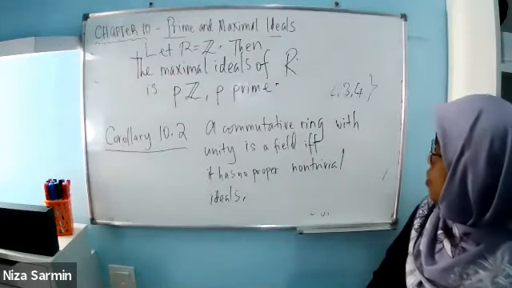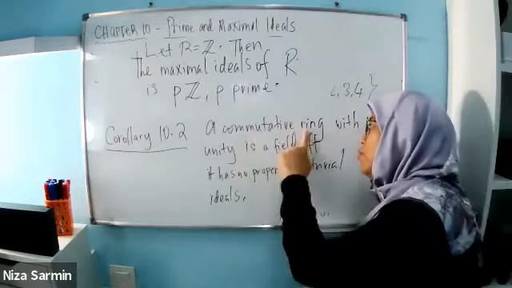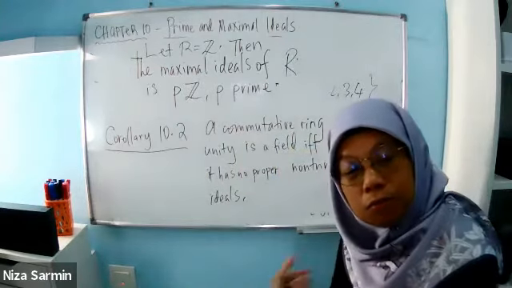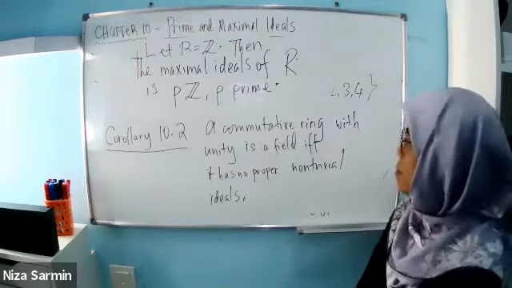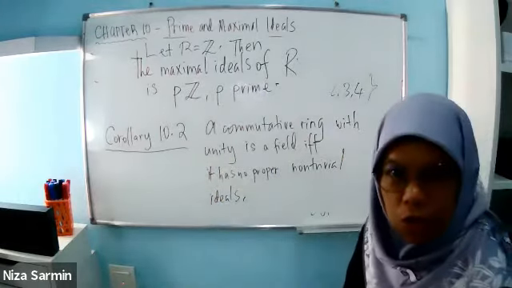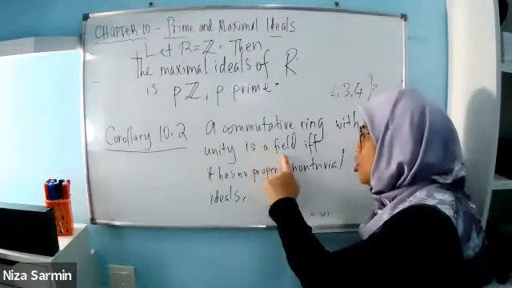A commutative ring with unity. So you have to have a commutative ring, meaning matrices are not, because most matrices are not commutative. If you don't have a unity, you cannot consider this also. Okay. And how do you show it is a field?